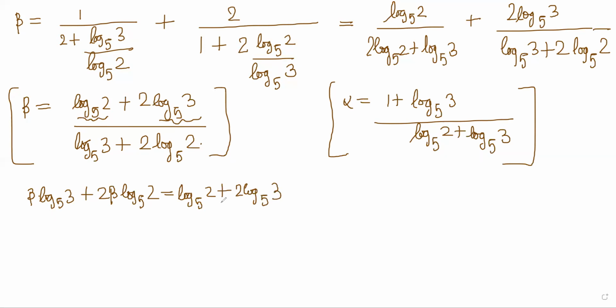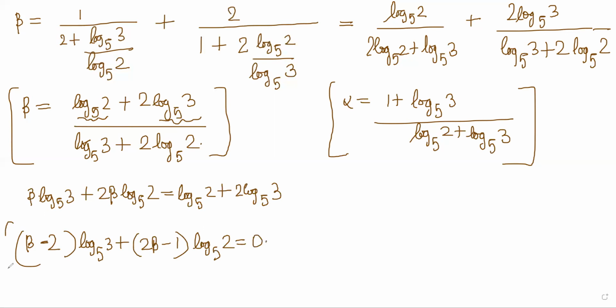And now take everything on one side, you will get beta minus 2 log 5 3 plus 2 beta minus 1 log 5 2 is equal to 0. This is your first equation.